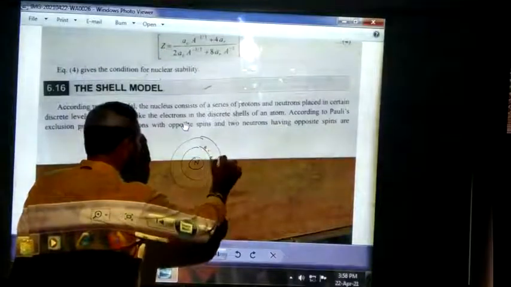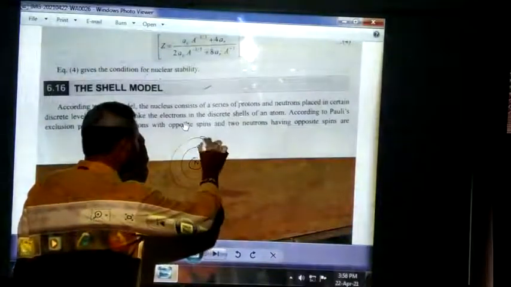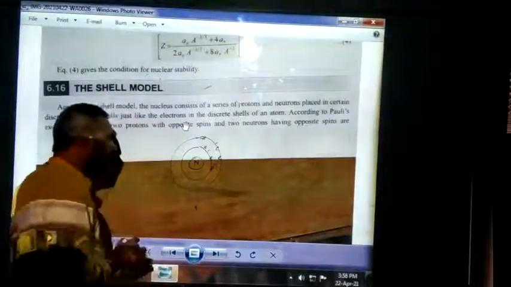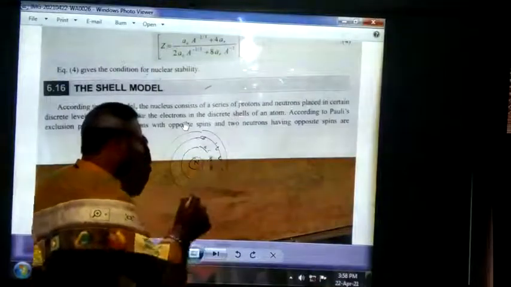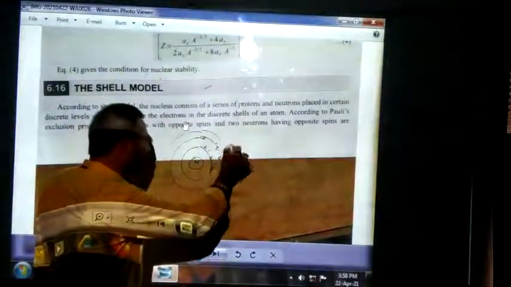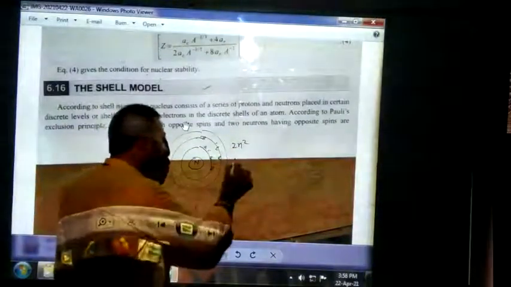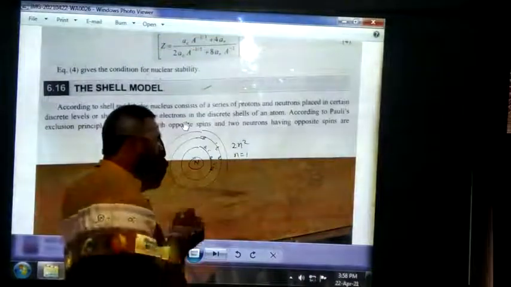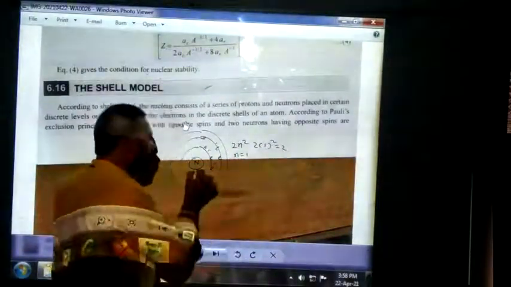In the first orbit we have 2 electrons, in the second orbit a maximum of 8, and in the third orbit 18. According to the formula 2n squared, for the first shell n equals 1, so 2 into 1 squared is 2. In the first shell we have 2 electrons.